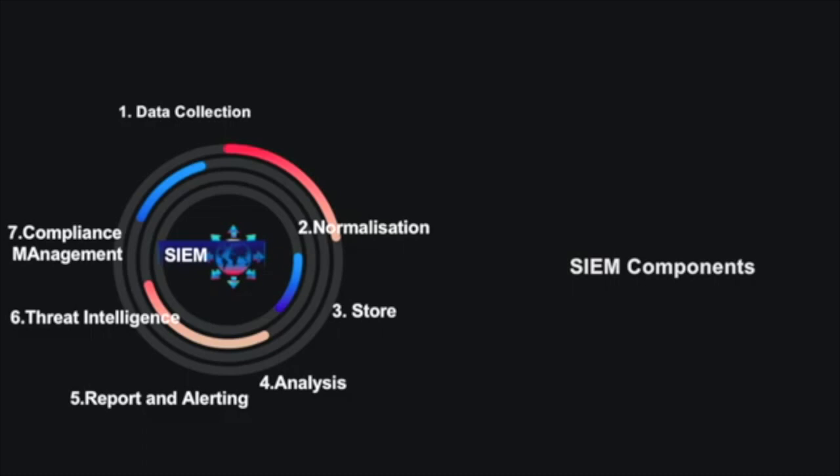In the third topic, we are going to talk about data storage. The data which is normalized in the second topic is stored in a centralized repository such as a database, data warehouse, or flat files.